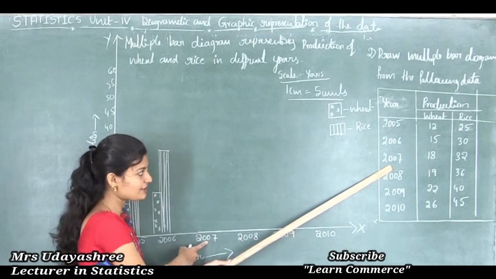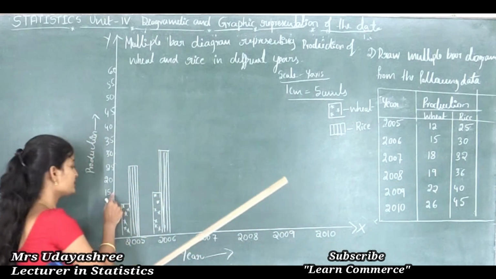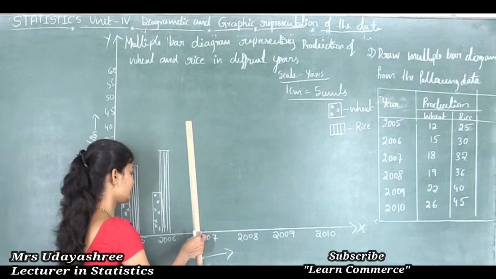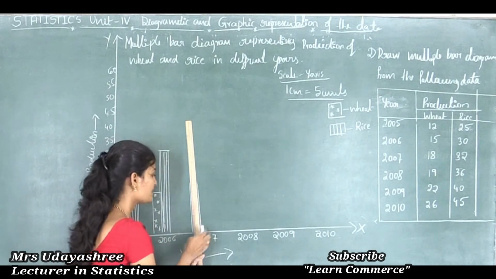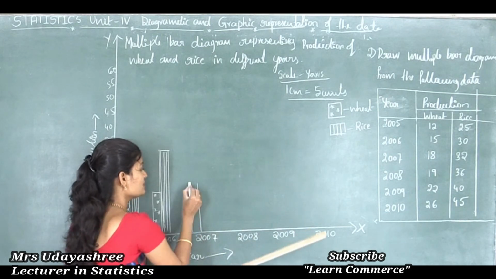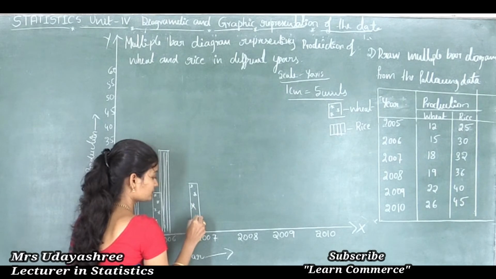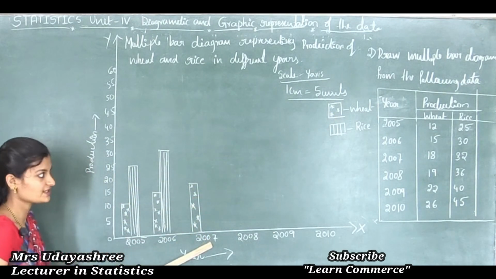In the year 2007, the production of wheat was 18 ton. So 15 is here, 20 is here, and 18 comes in between 15 and 20. This bar indicates the production of wheat, the wheat shading is like this, and this bar indicates production of wheat in the year 2007.